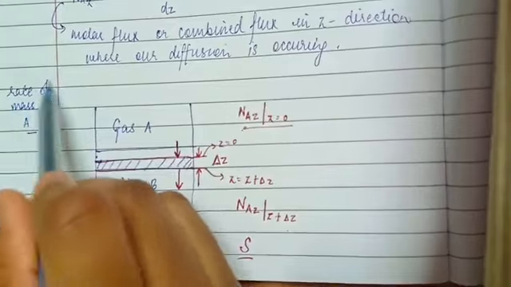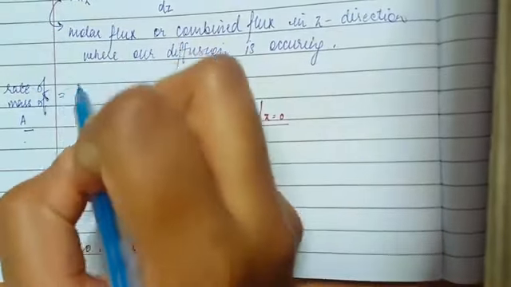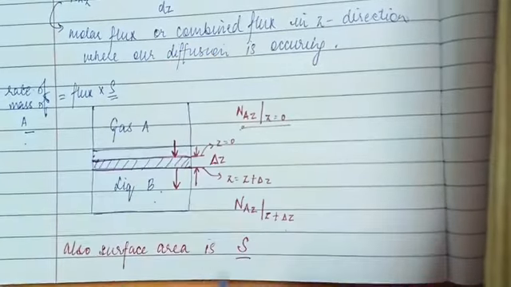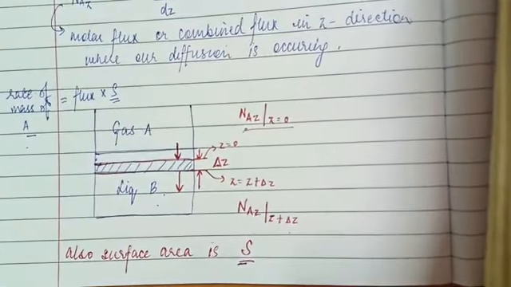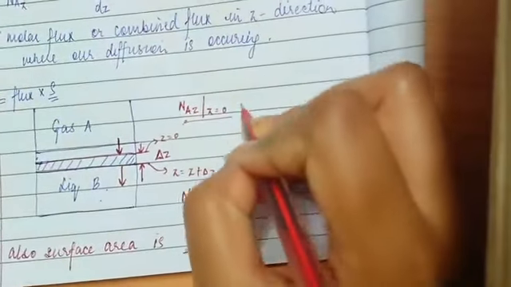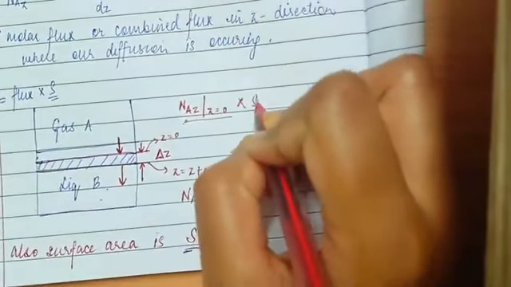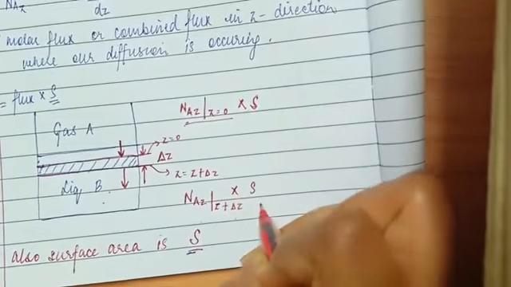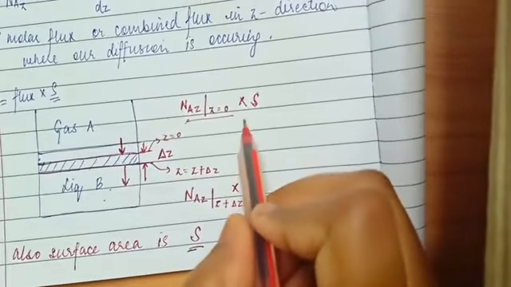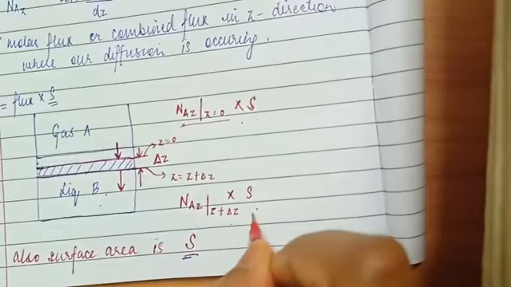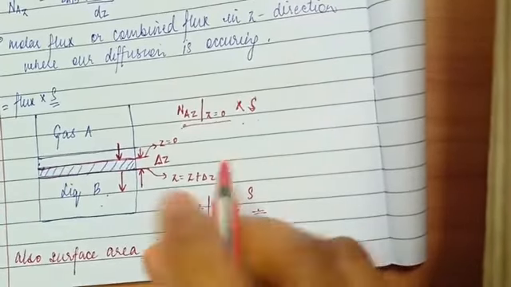So in order to get this term, we need to multiply the flux with the surface area, which is S. So in order to get the rate, we multiply this with the term S, that is the surface area of the shell of thickness delta Z. On getting this, we can now put this into the shell balance equation.